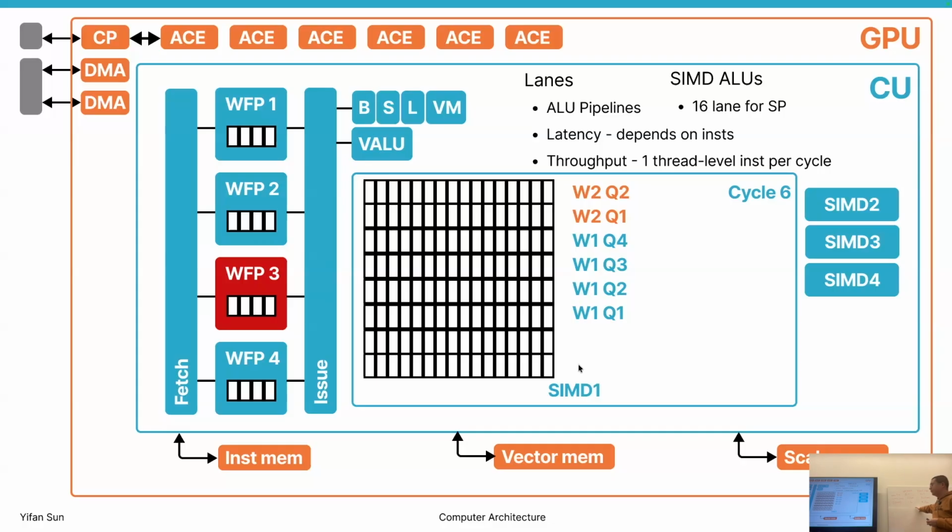Okay, so you can see they have very different designs. And here we basically say wavefront pool and SIMD unit. In RDNA, and especially in NVIDIA, we typically call it a subcore. What is a subcore? A subcore is basically a wavefront pool, an issuer, then a SIMD unit. This is a subcore. Then there are 4 subcores in one SM.